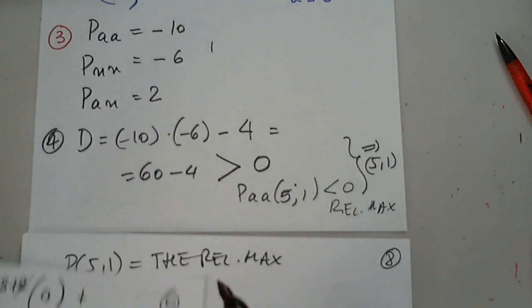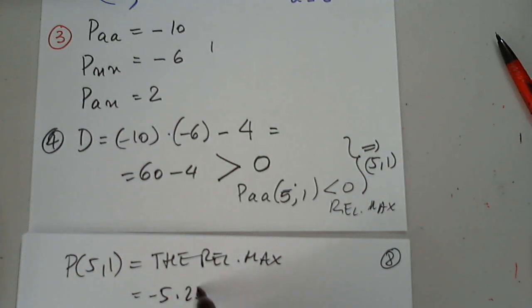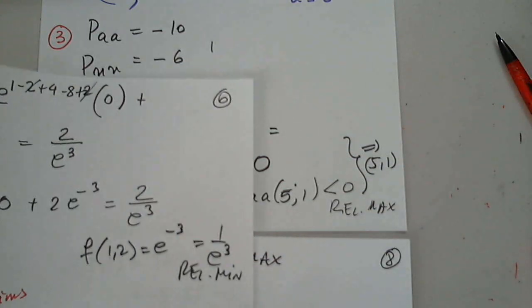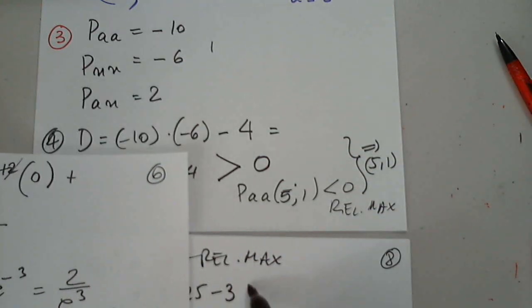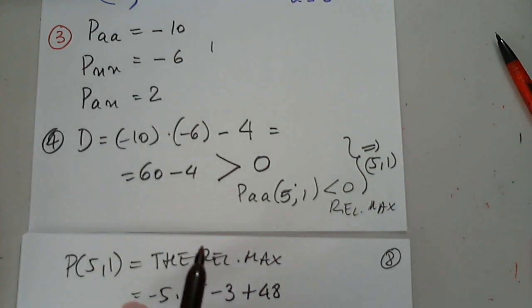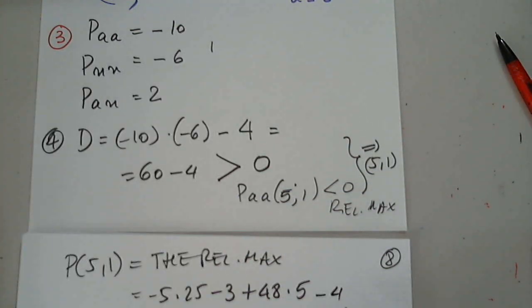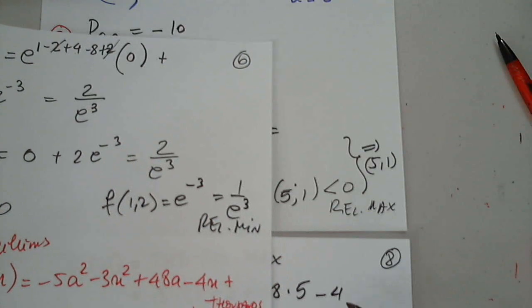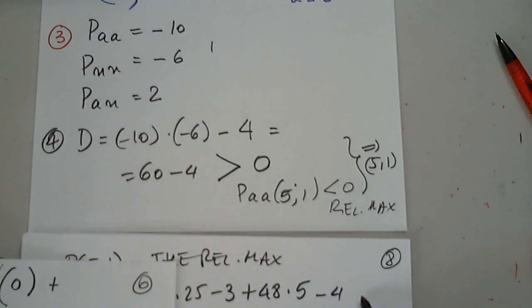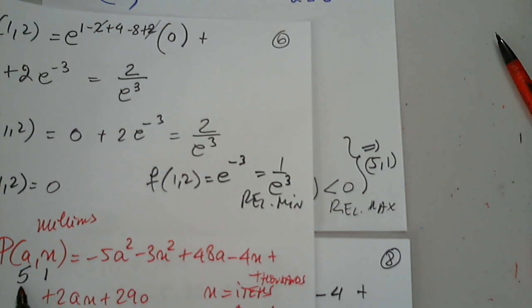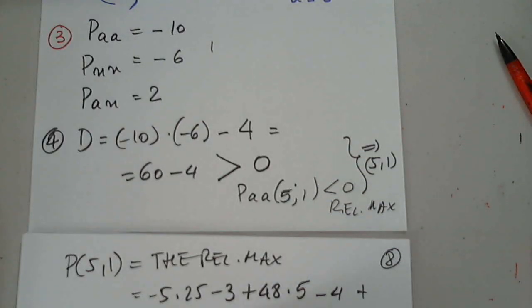Okay, so I have -5 times 25 minus 3 times 1 squared plus 48 times A, which is 5, minus 4 times 1, which is 4, plus 2 times 5 is 10 times 1, so 10, and plus 290.